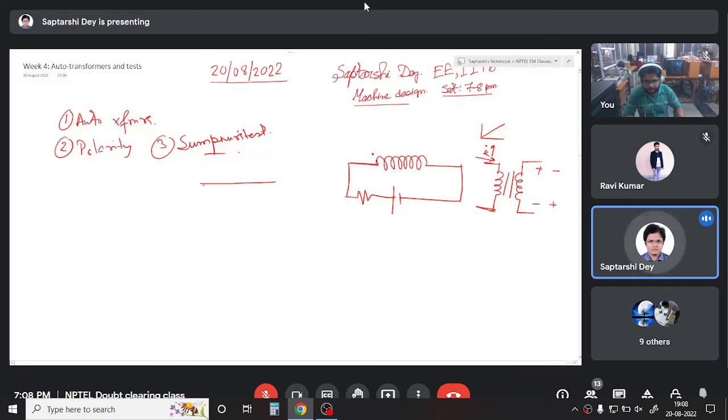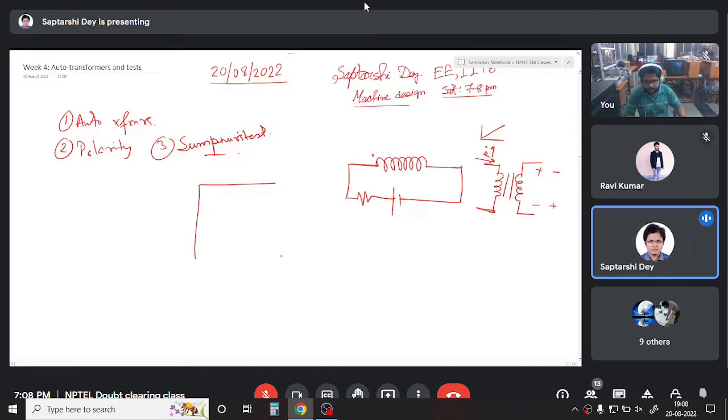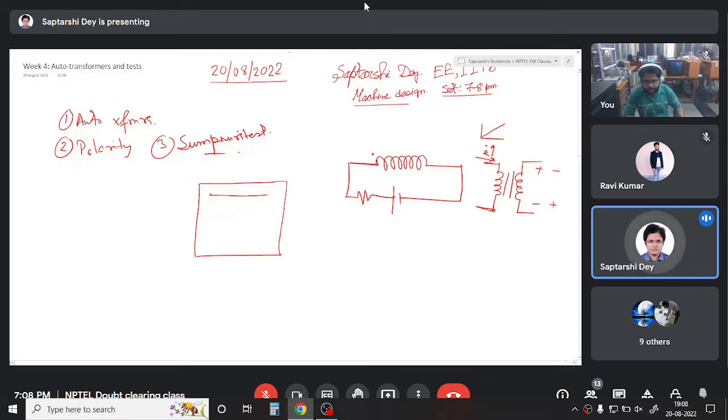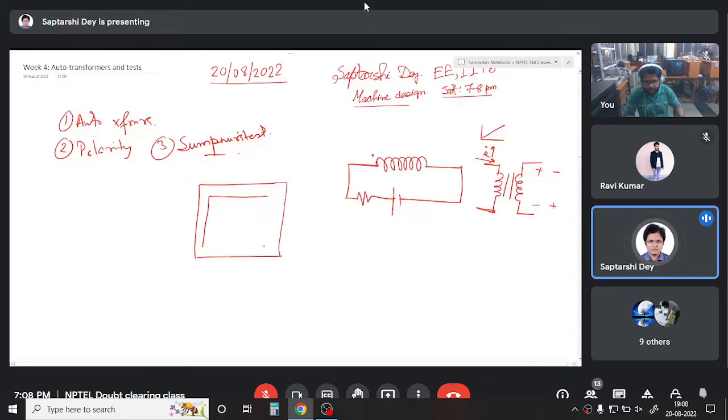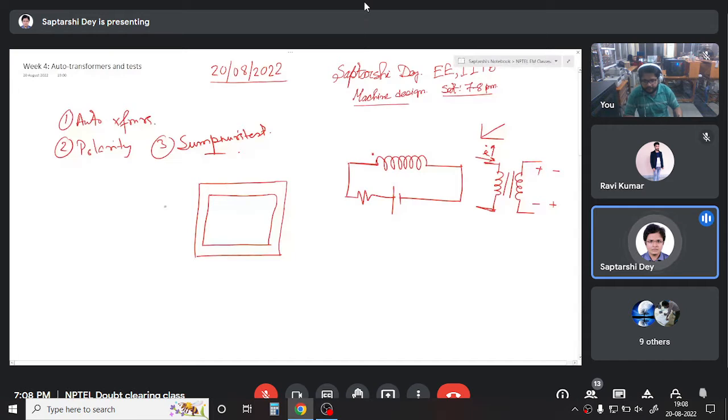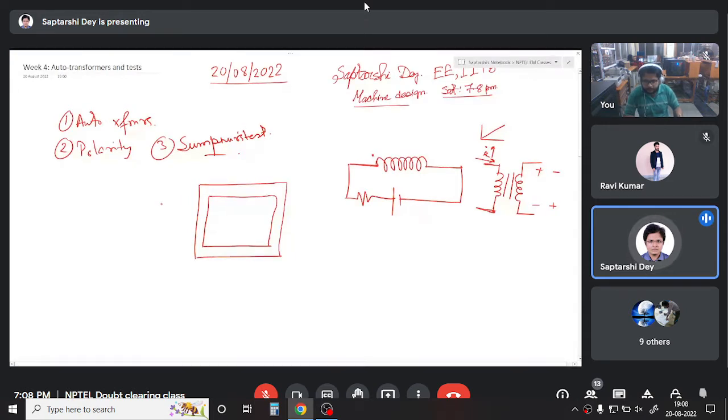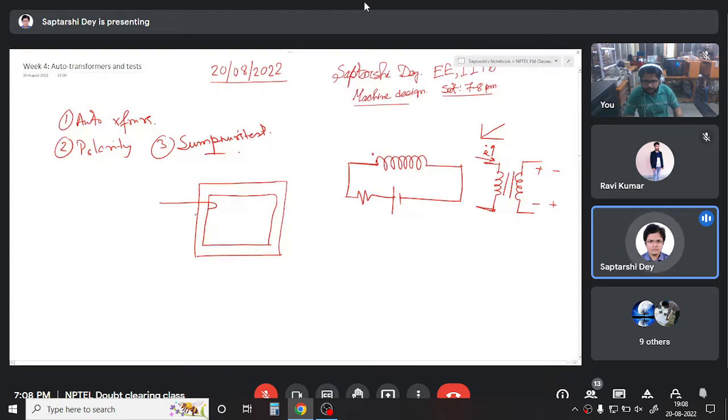So this is the basics of the polarity test of transformers. And the polarity test is required when you need to connect two or more than two transformers in several types of connection, maybe in three phase or maybe in parallel operation. So let me draw windings like this.